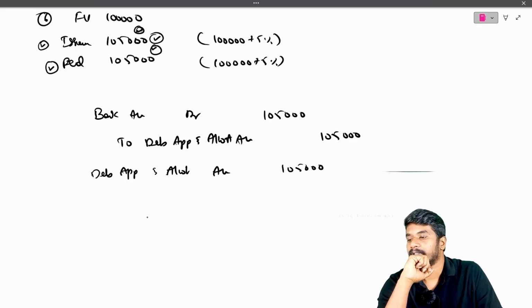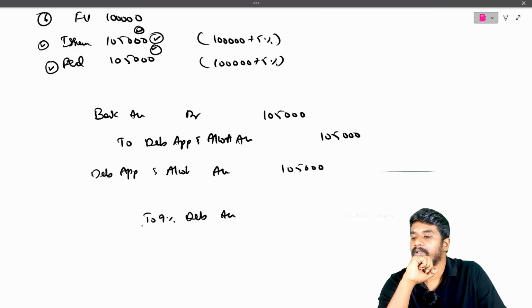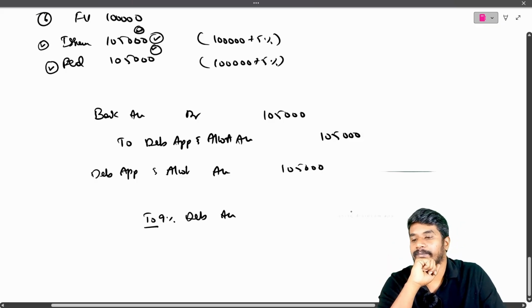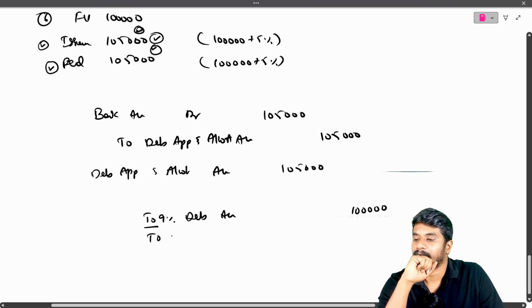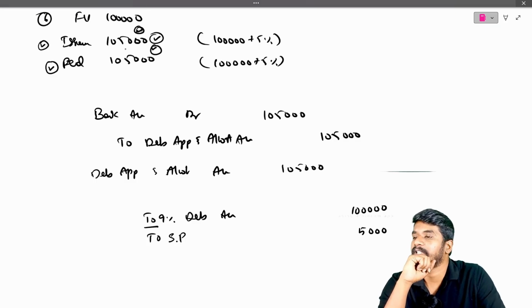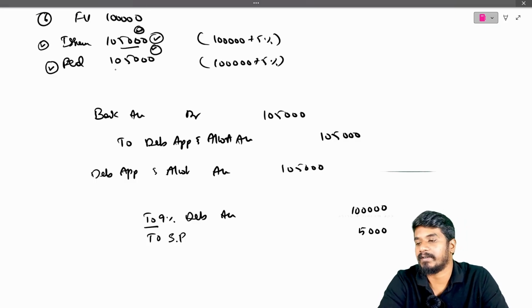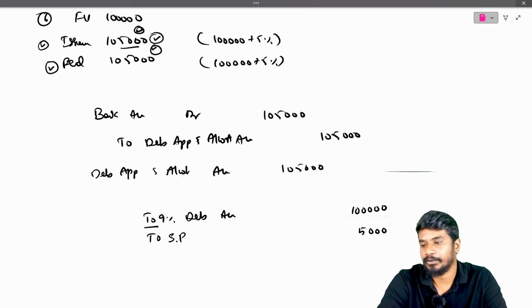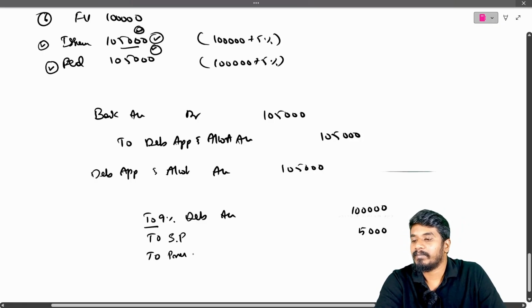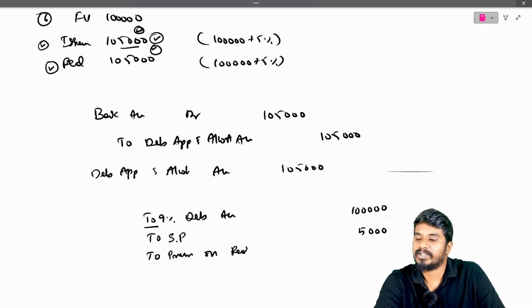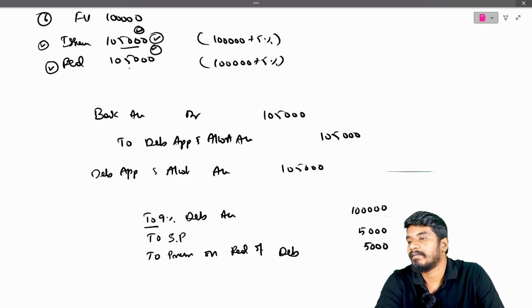So let me say to 9% debenture account. So this account will be credited for face value, that is 1 lakh rupees. Correct? Yes. Now to securities premium is 5,000. Correct. So we have issued at extra 5,000. We need to show it on the credit side. You know it all, right? To premium on redemption of debenture, which is 5,000 extra we need to pay.